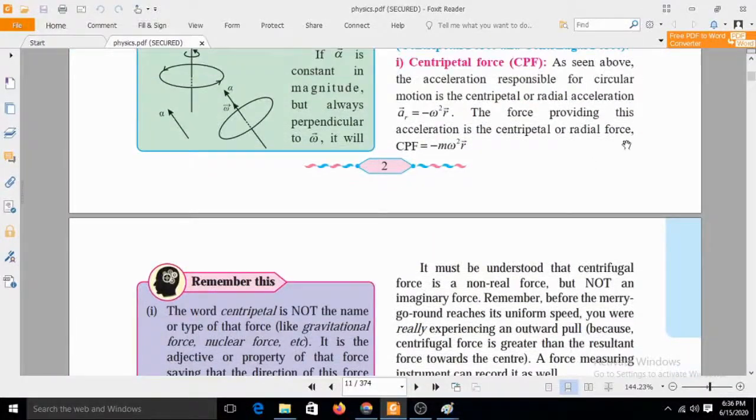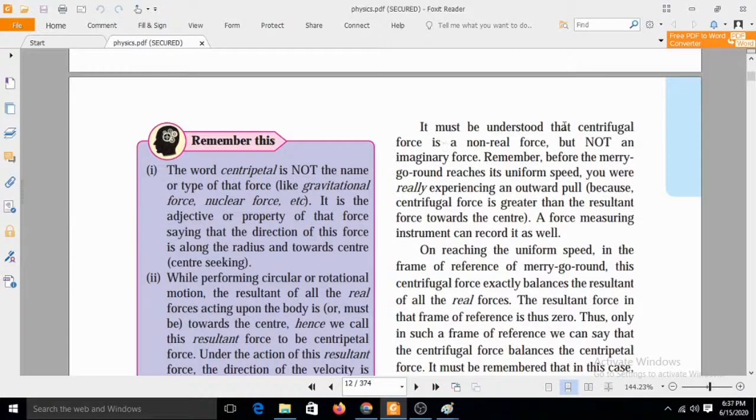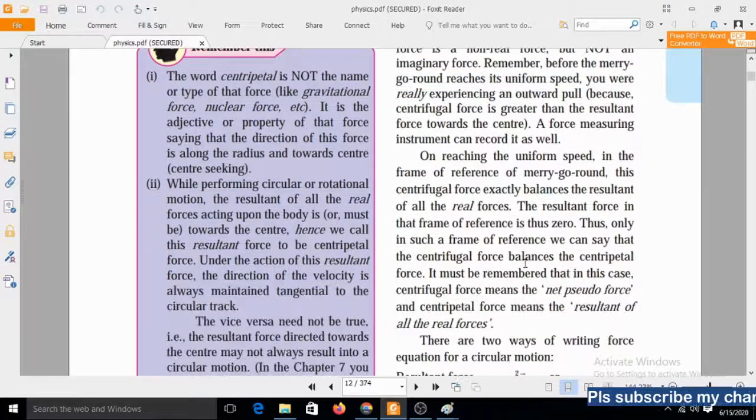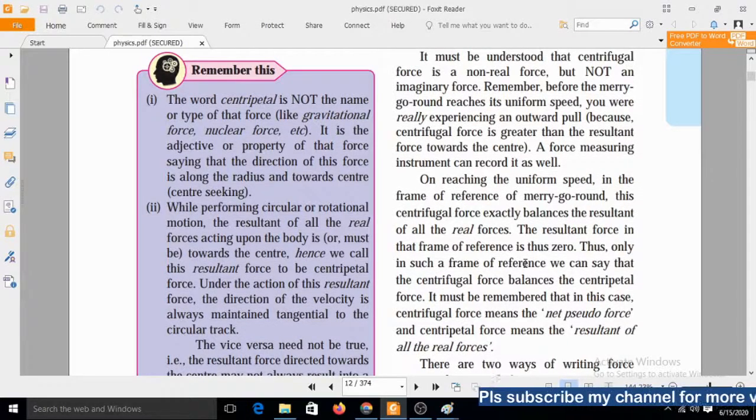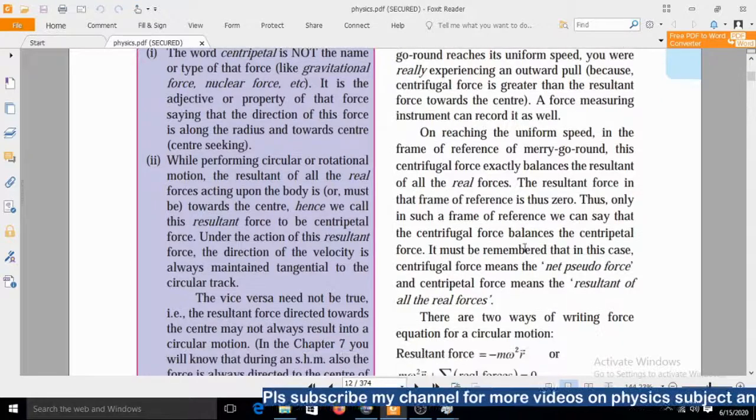See over here the points again: the force providing acceleration, centripetal, radial acceleration, the formula is there. Then again centrifugal force is a non-real force, that is, it is an imaginary force, that is the merry-go-round. This example, all this you can read out. If I go through it again, my video will become longer, okay. Then again you can read it all. I have explained it to you.